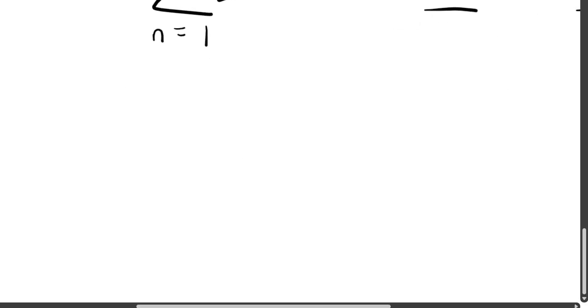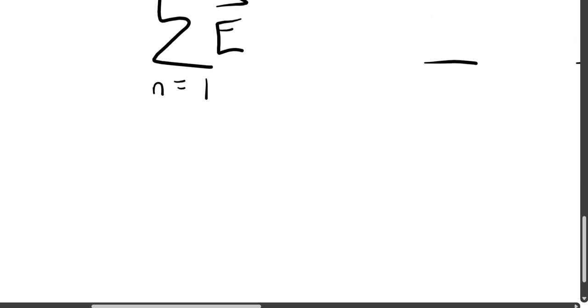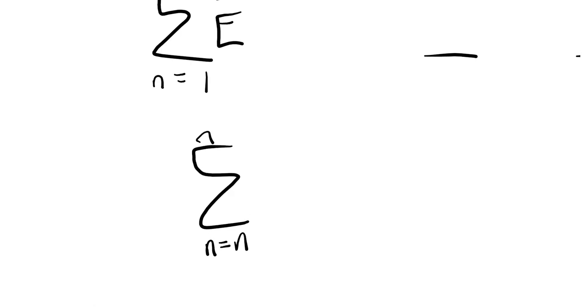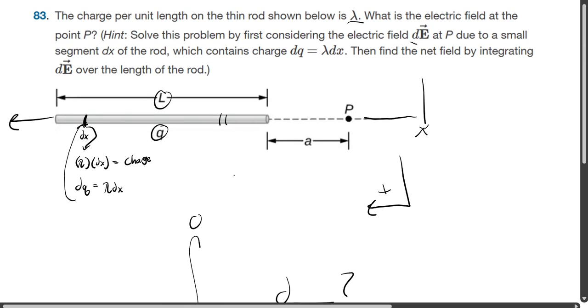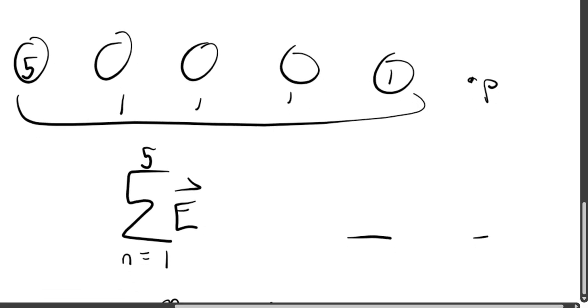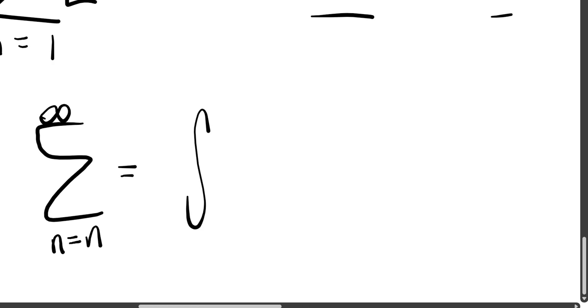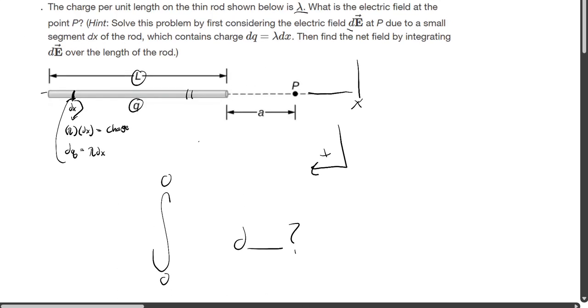In Calc 1, we talk about, what if I have an integral, or what if I have a summation going from n equals whatever to infinity? That's an integration, right? I'm saying that this line charge is essentially the same thing as an infinite amount of tiny pockets of charge that are all going to add up to some net electric field going through point P.